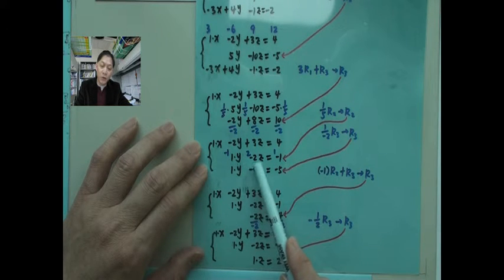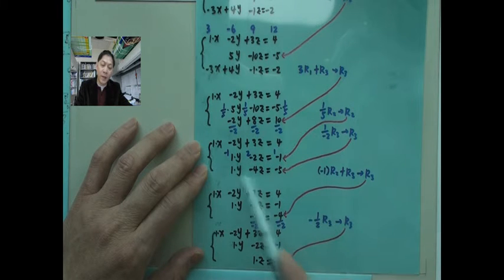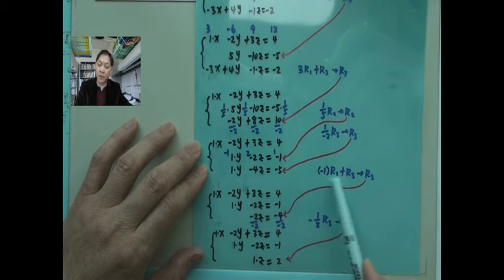Negative 1 times negative 2 is positive 2, and negative 1 times negative 1 is positive 1. So we made the coefficient of this one be negative 1. And then add on that as the operation right here.